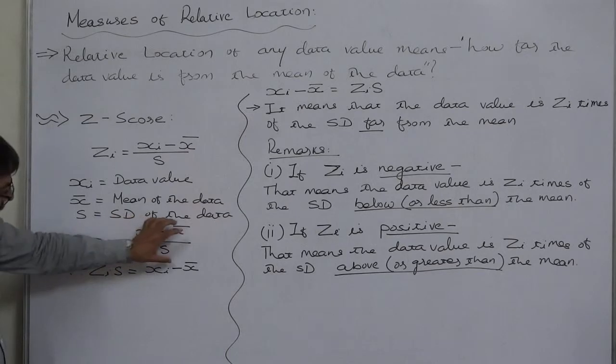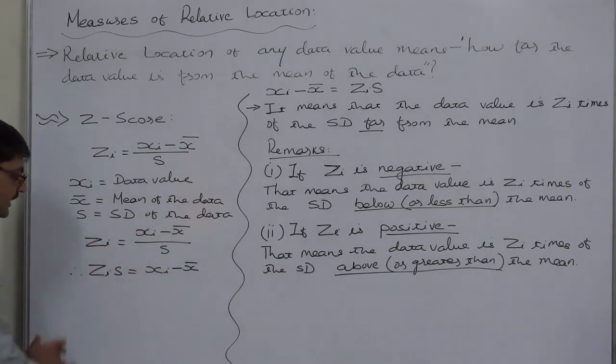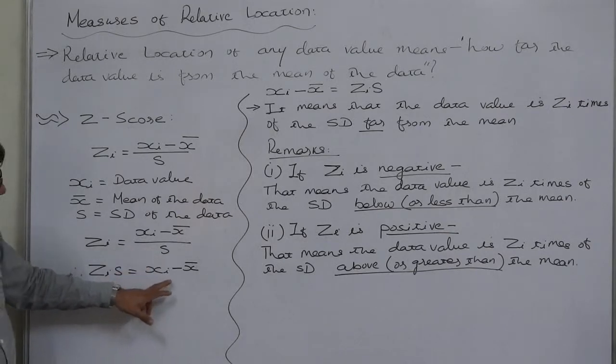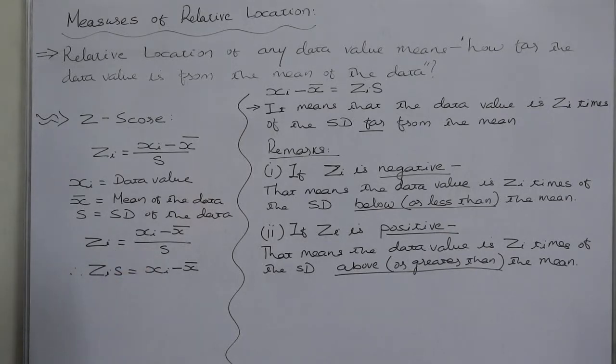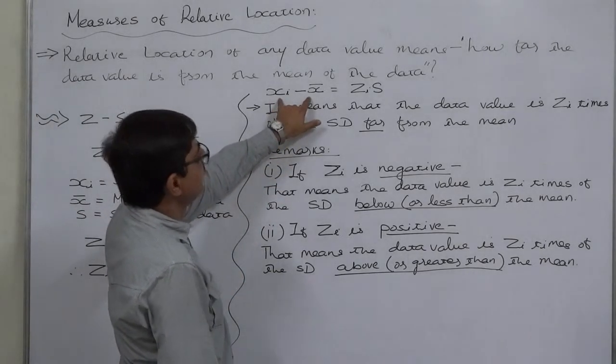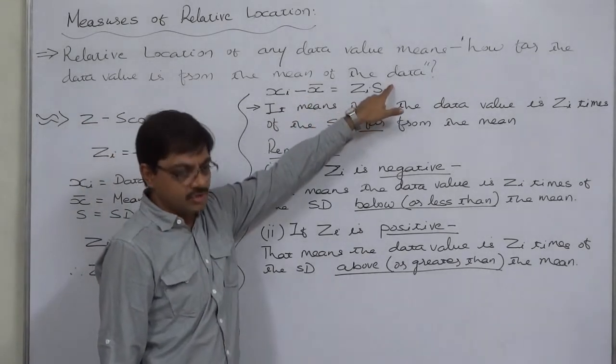Now, if a small change is made in this formula, that is cross multiplication, z times s equals data value minus mean. Or we can say that the difference between the data value and the mean is z times the standard deviation.